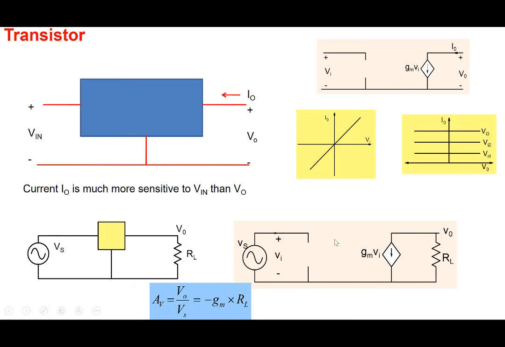So you get this circuit, and it's easy to see that the voltage gain, the ratio of output voltage to input signal voltage, is minus GM RL. If you choose RL properly, you'll get a value greater than 1, and you'll get voltage gain. And not only voltage gain, you get power gain also, because the input does not draw any power from the signal source, while at the output, of course, power is delivered to RL. So there's a power gain also.